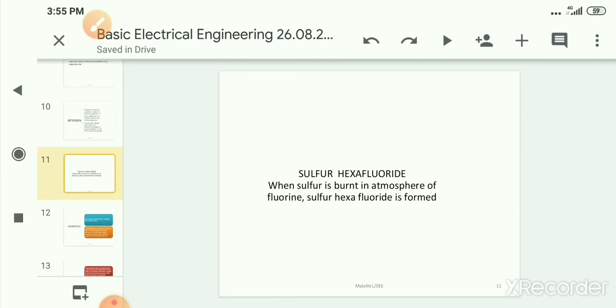When sulfur is burnt in an atmosphere of fluorine, sulfur hexafluoride is formed. Its molecules have octahedral geometry, containing 6 fluorine atoms around the sulfur atom.